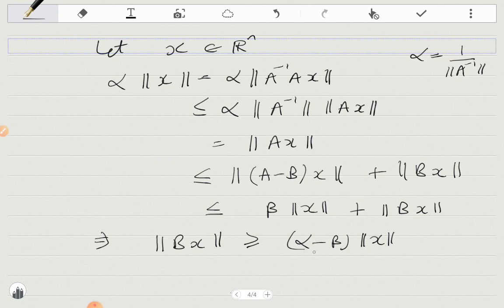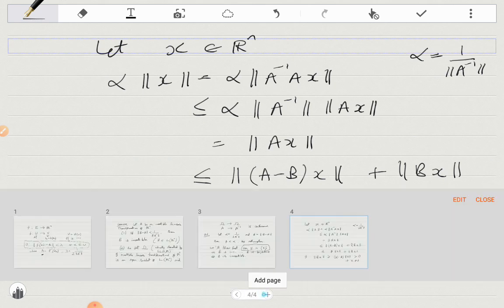And I assume that alpha minus beta is positive; it's a constant anyway, a positive constant, if x is not equal to 0. So the kernel of B is trivial, and therefore B is injective, it's 1 to 1.